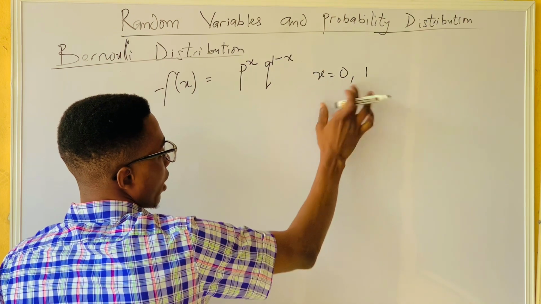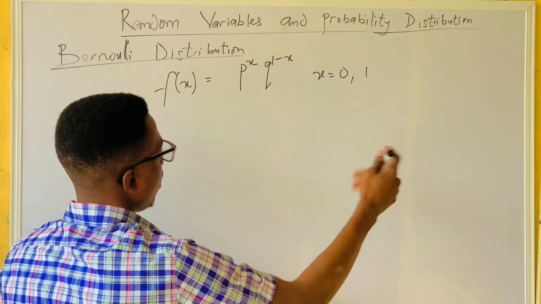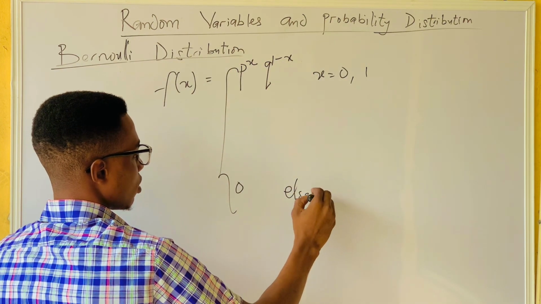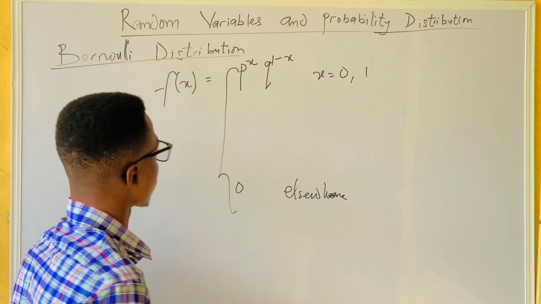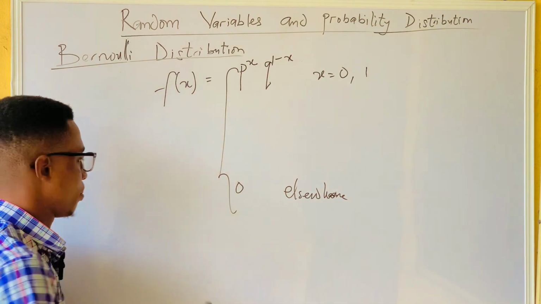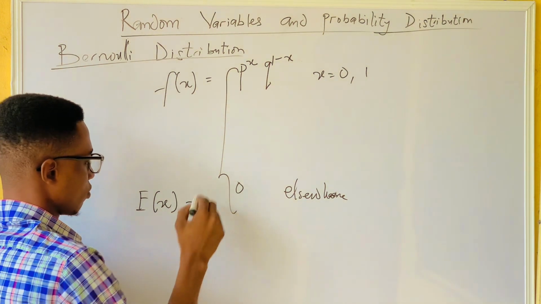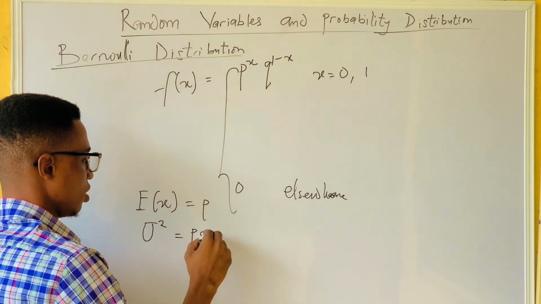Of course, we're talking about two events, 0, 1, success or failure, 0 elsewhere. Bernoulli distribution has the mean p and variance pq.